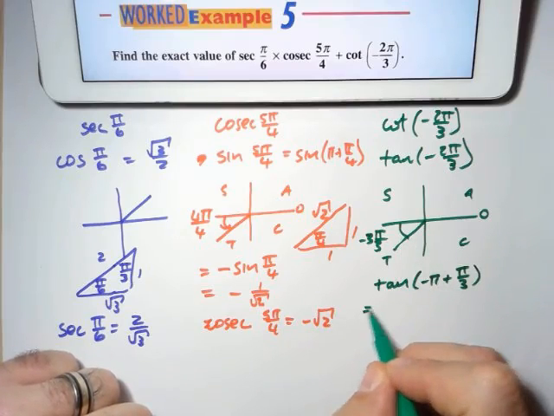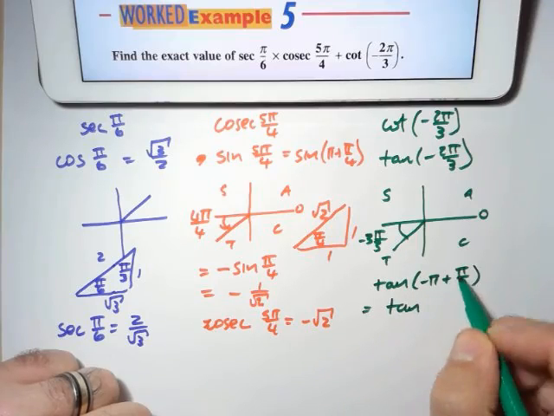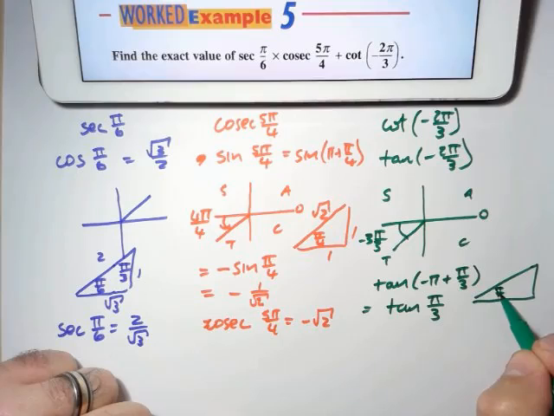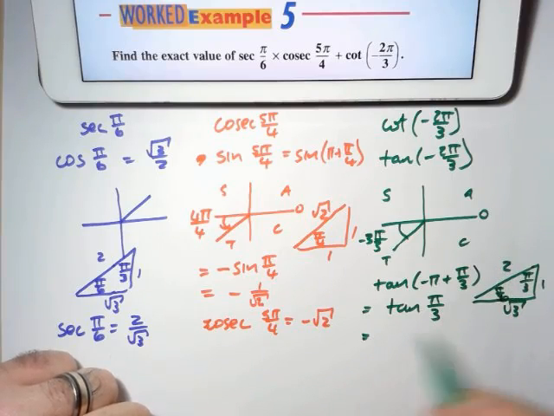My tan is positive, so it stays the tan of my reference angle, pi over 3. In my special triangle, that's pi over 6, that's pi over 3, 1, 2, square root 3. The tan of pi over 3 is opposite over adjacent, so it's square root 3 over 1.